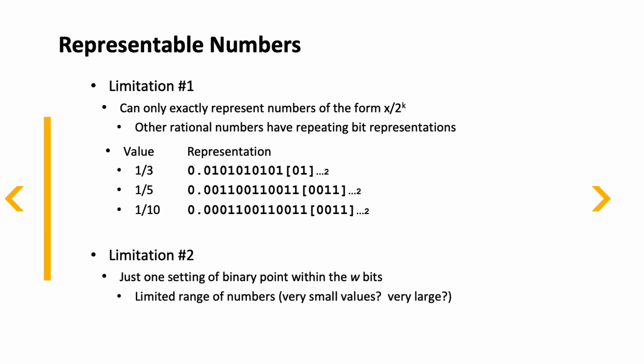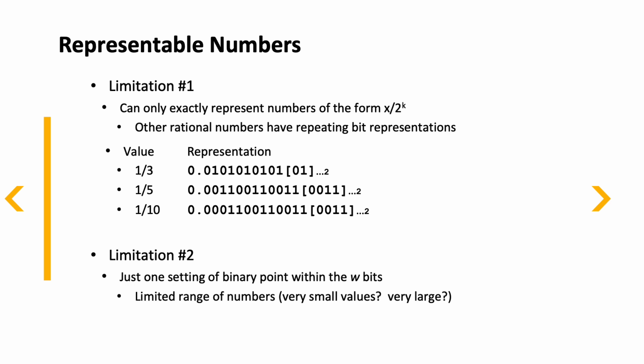So it's great that we know how that works, but there are a couple of limitations that we have to keep in mind, and this is actually what gives rise to the whole idea of the floating point standard. First of all, we can only exactly represent numbers that have the form x over 2 to the k. Other rational numbers are going to have repeating bit patterns. So 1/3 will be 0.010101, etc., repeating forever.